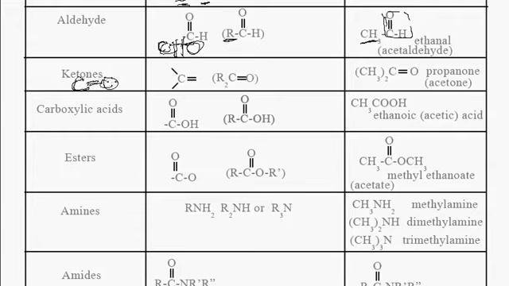This is how the formula will always look: I have two alkyl groups, and then I have my C bonded to O. So this is a typical example of a ketone, where I have this bonded to CO. So this is a propanone.